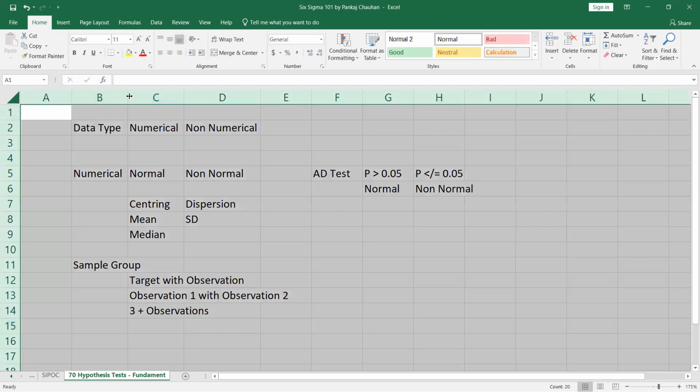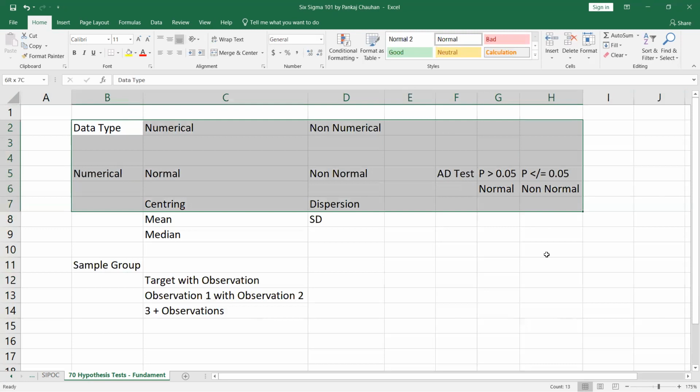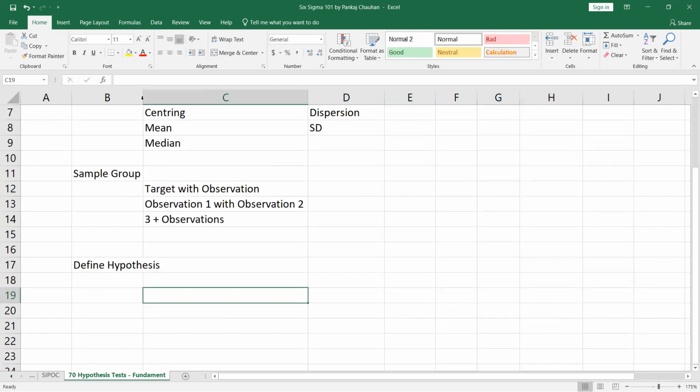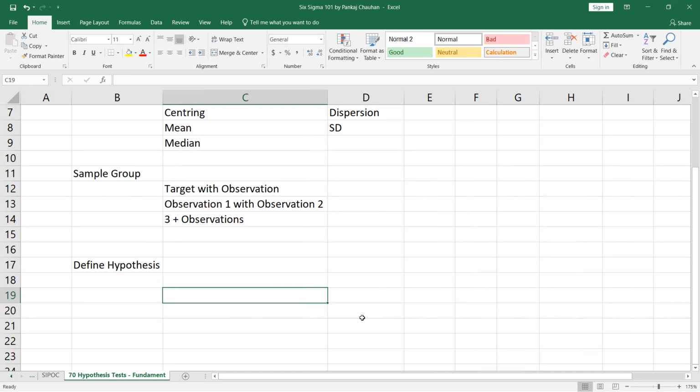Based on that, once you have identified all your data, you have to define the hypothesis. When you define the hypothesis, are you looking for the same or are you looking for a difference?